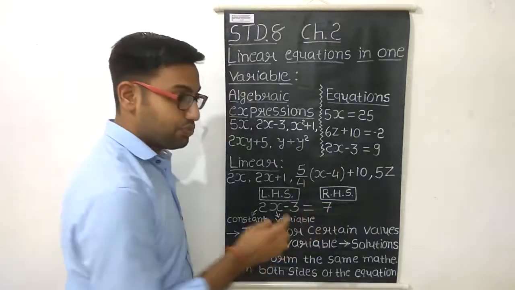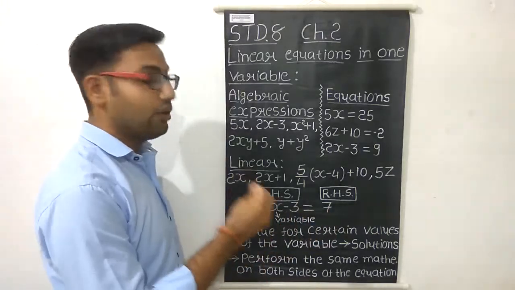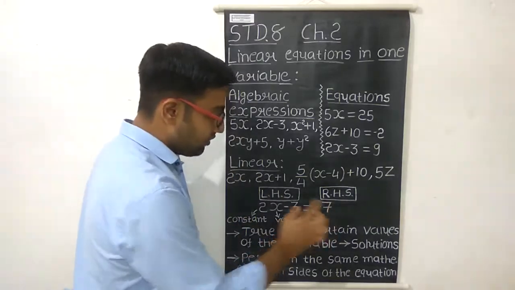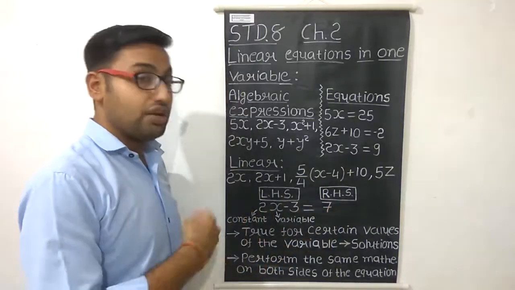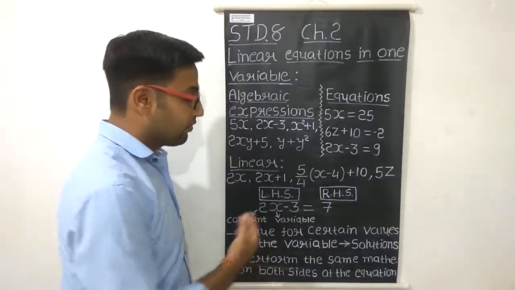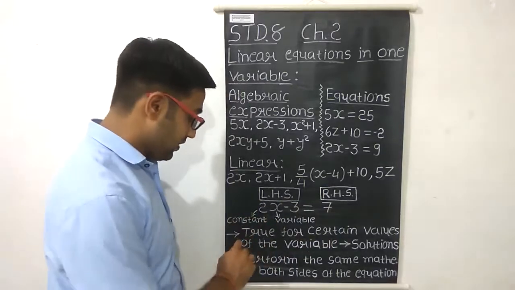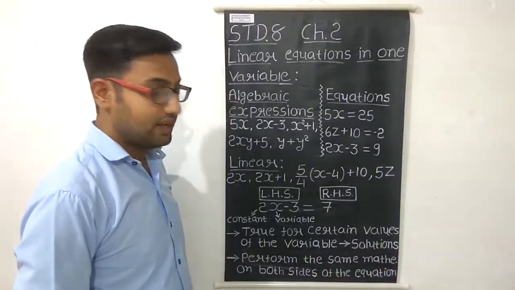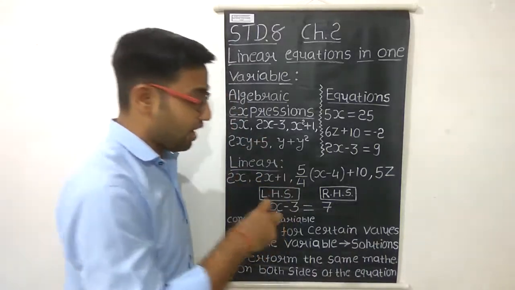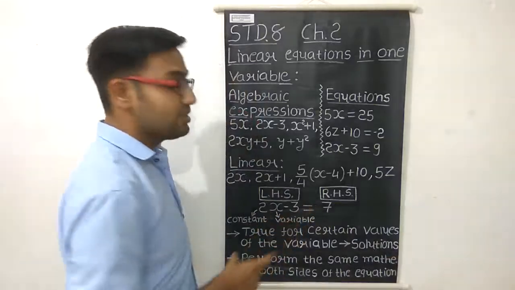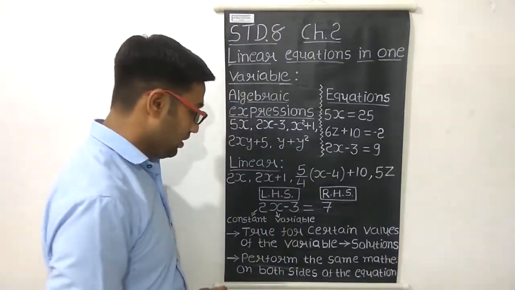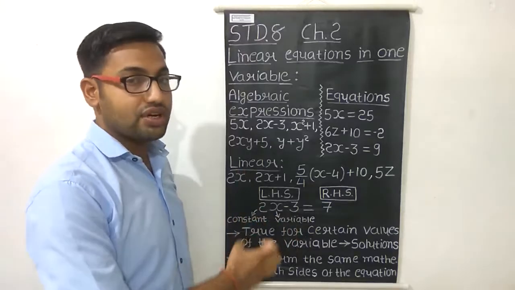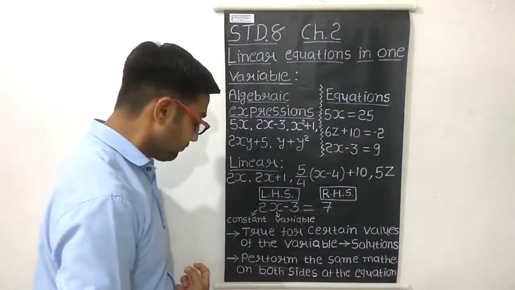This equation is balanced for some particular value, either 1 or 2, right? This equation will be satisfied. But for other values of x, this equation will not be satisfied. That is why we say that it holds for certain values of the variable, and those certain values are called the solution of this equation, right? Okay. How to find that certain value of x, we will study in the next lecture.